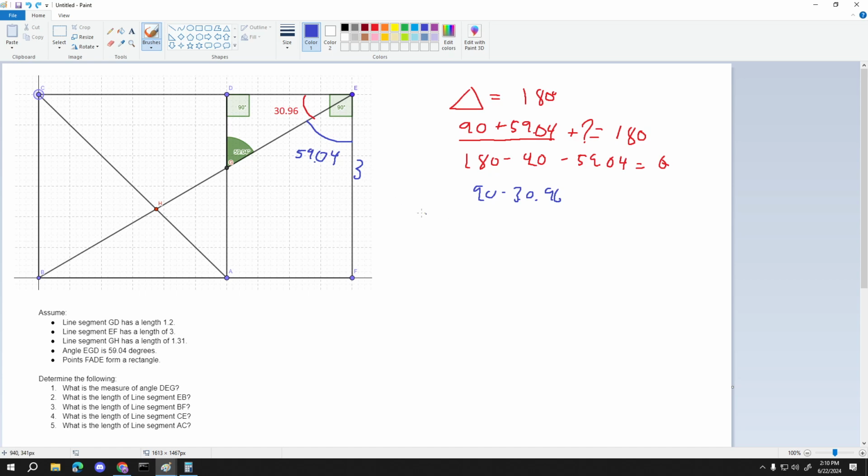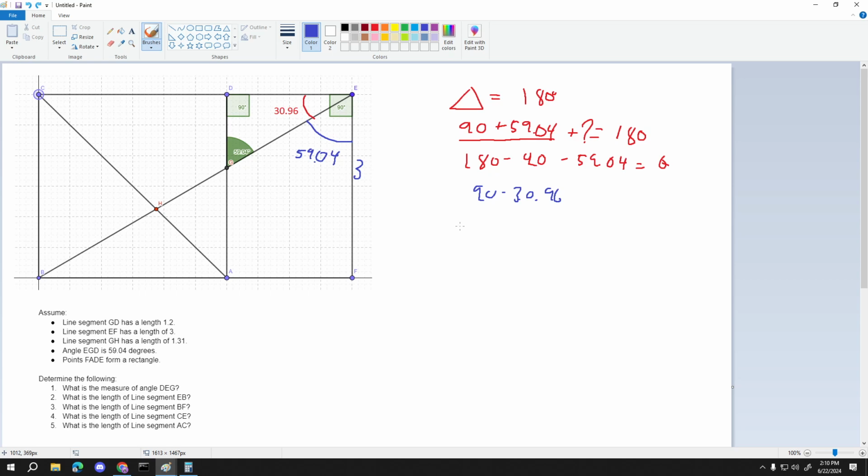So SOHCAHTOA, for sine it's opposite over adjacent, but we don't know our opposite. We have cosine, which is adjacent, 3 over hypotenuse, EB, which is what we need. So we can do that.